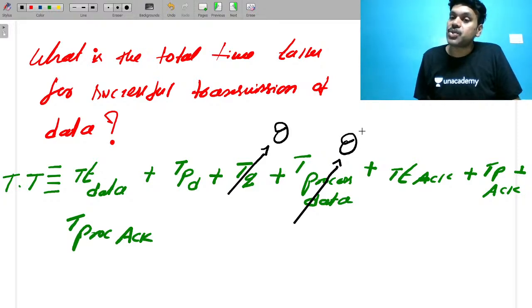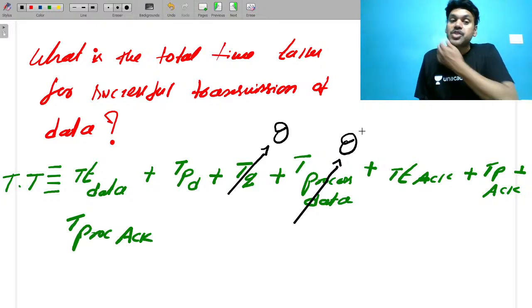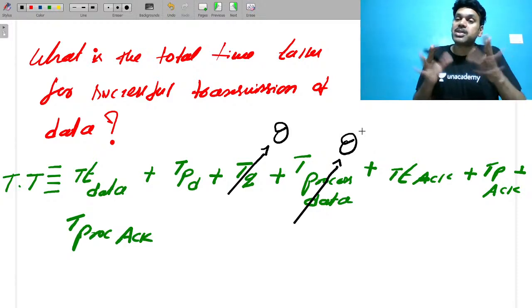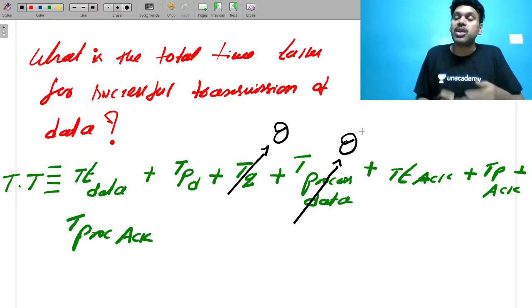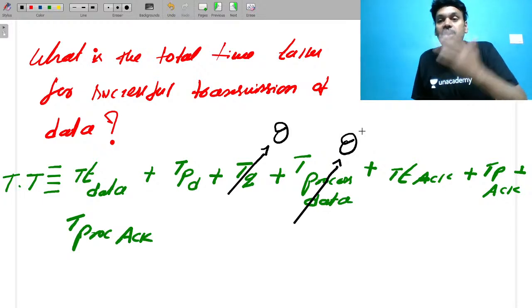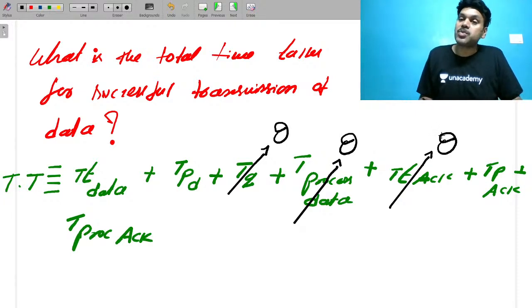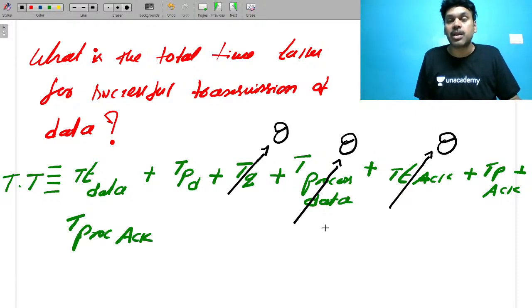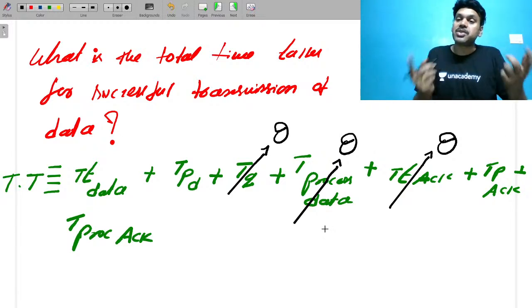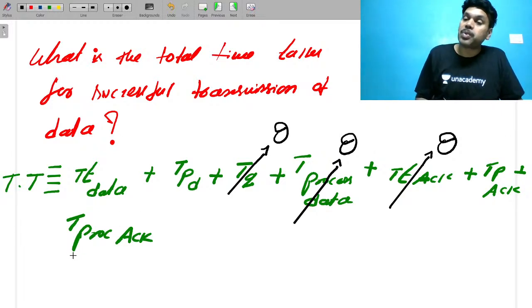And one more is also negligible: the transmission time of your acknowledgement, because I am not sending data, I am just sending control information without data, which does not take much time to construct. Therefore, the acknowledgement transmission time at the receiver side is also negligible. And the sender need not worry about how much time it is going to take, which means processing your acknowledgement packet is also nullified.